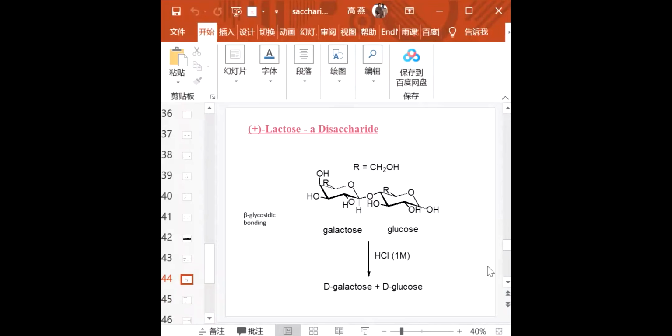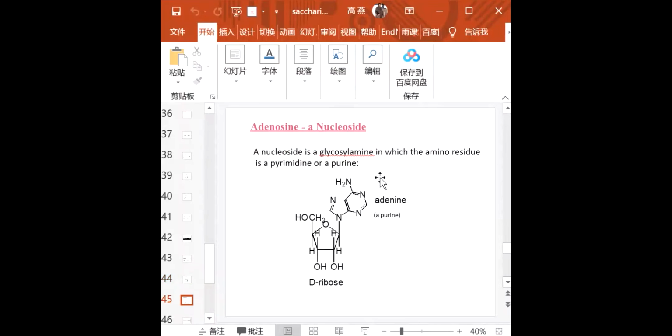So now this is adenosine, and what type of glycoside is adenosine from its chemical structure? Can you tell?